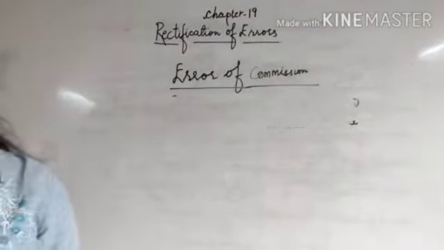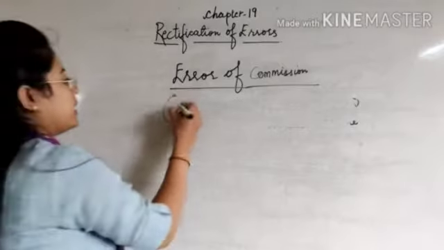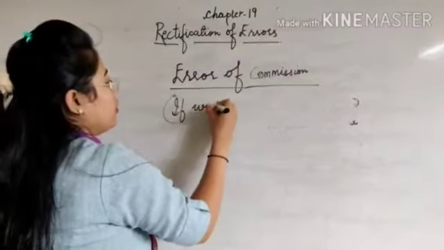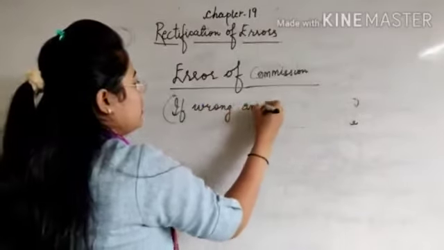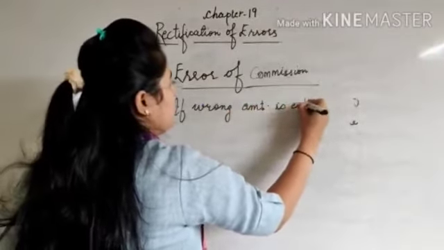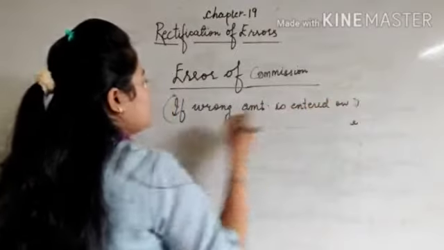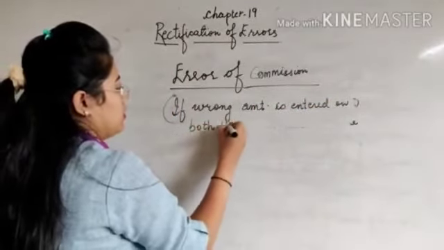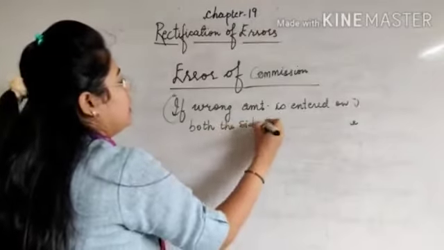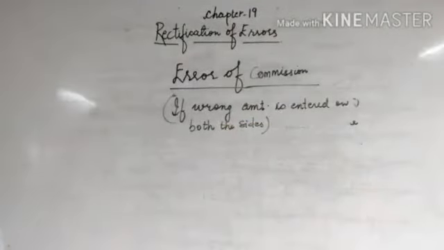Error of commission means if a wrong amount is entered either in the journal or in the subsidiary books, the trial balance will tally because the same amount will be posted in both the accounts affected by the transaction. I am writing the meaning first. If a wrong amount is entered on both the sides of an entry, then this is known as error of commission.